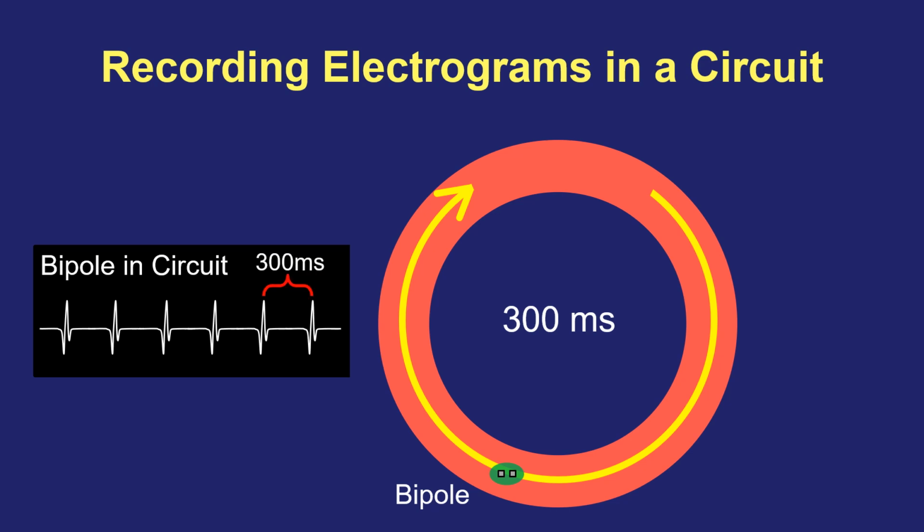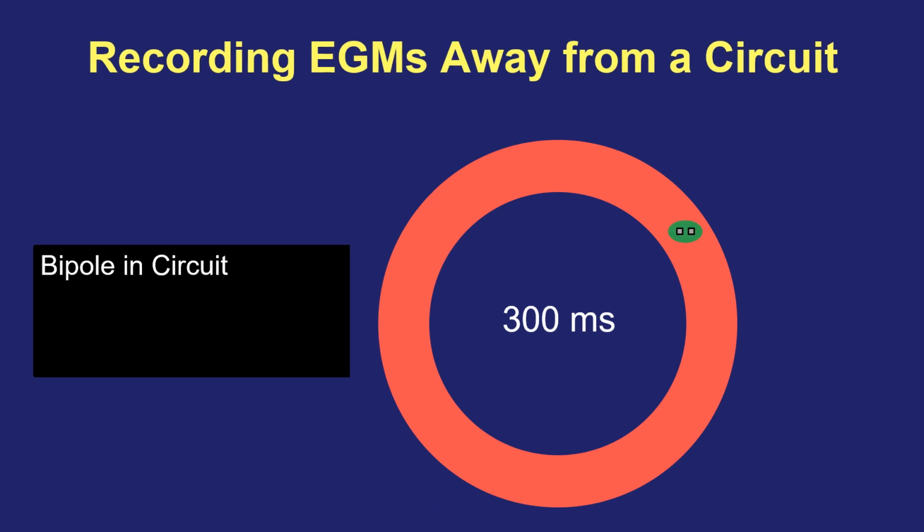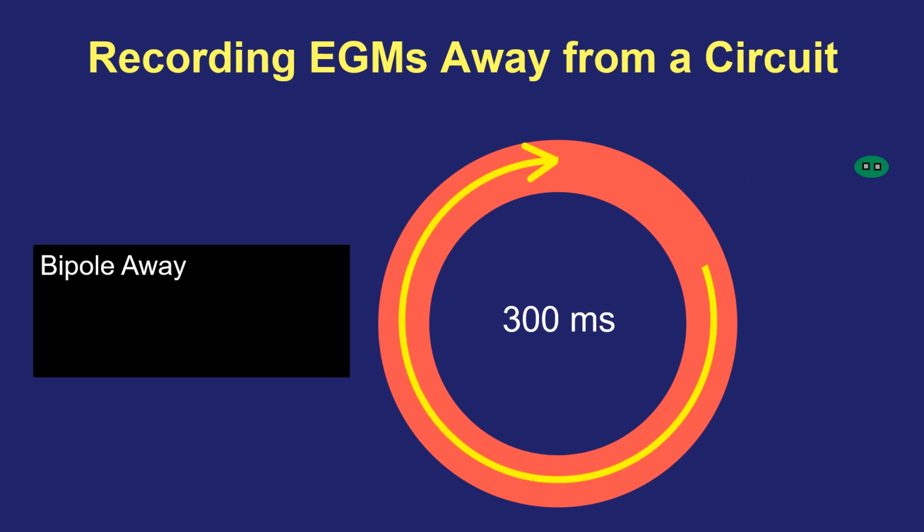That alone, as you'll see, doesn't tell you whether you're in a circuit or not, because you could go to a different place in the circuit and also have 300 millisecond electrograms, or you could go to a site away from the circuit, because if you're away from the circuit, then the moment the wavefront passes near to where your bipole is located, it'll send a wavefront away from the circuit toward your recording site.